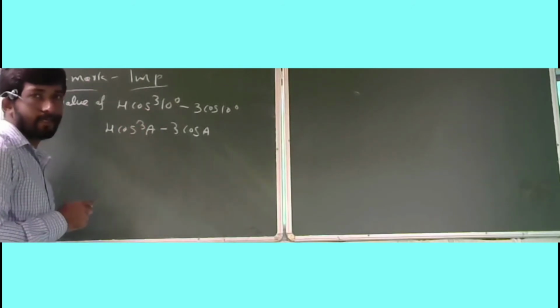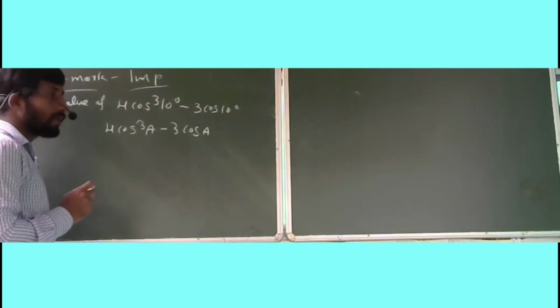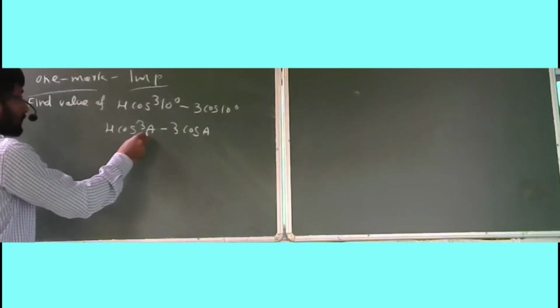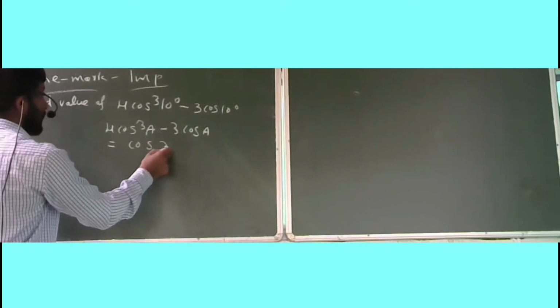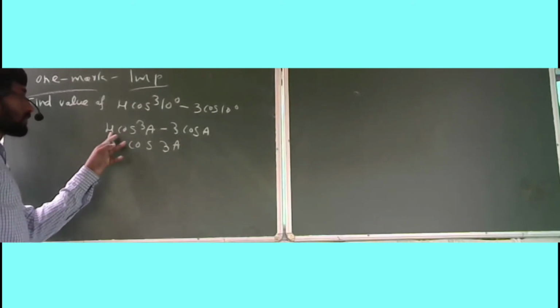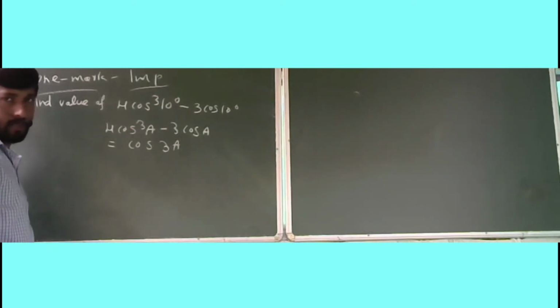Now see, in the question, in place of A, 10 degrees there. But we know the formula: 4 cos cube A minus 3 cos A is nothing but cos 3A. Cos 3A equal to 4 cos cube A minus 3 cos A.